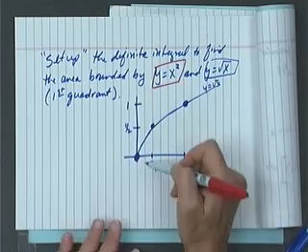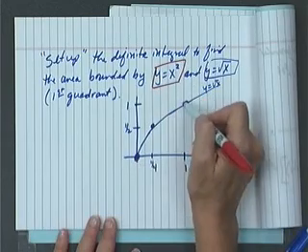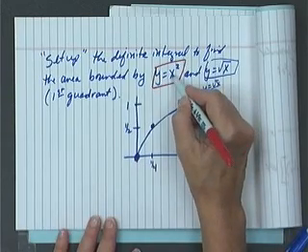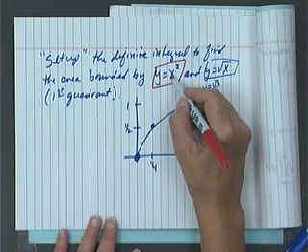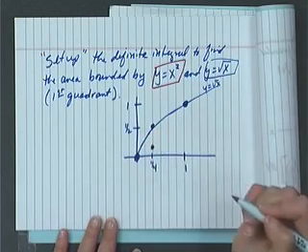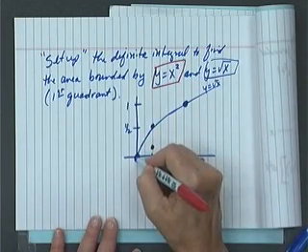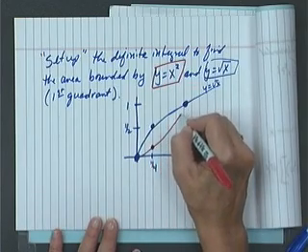Now we want to use that same point because y equals x squared goes through 0, 0, and 1, 1. If I put a 1/4 in for x and I square it, what do I get? 1/16, and that's going to be way down here. So y equals x squared is going to follow these dots.